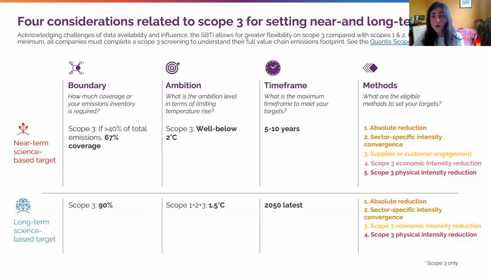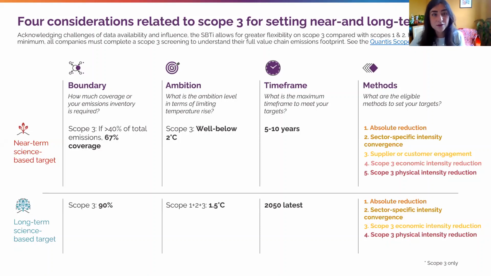But saying that, all companies at a very minimum must complete a scope 3 screening. So that's a high-level estimate of all of the scope 3 emissions, and at least have some understanding of all of the impacts within their value chain. We encourage companies to then move up the data hierarchy and improve those calculations over time.